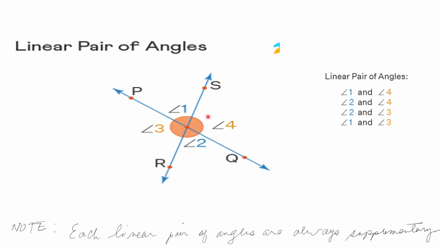All of these are adjacent angles because 1 and 4 share this common side, 2 and 4 share this common side, 2 and 3 share this common side, and 1 and 3 share this common side. Note also that each linear pair of angles is always supplementary.